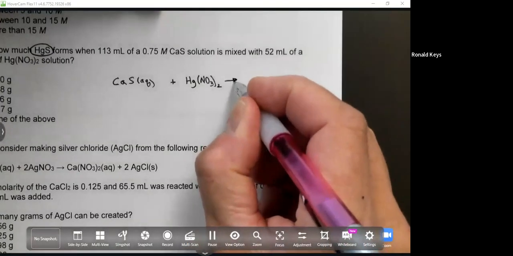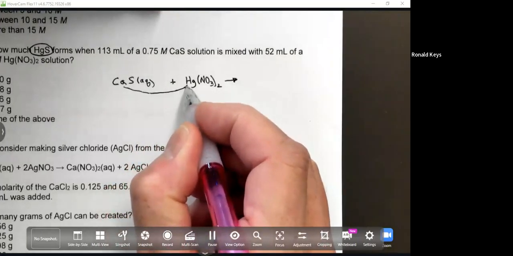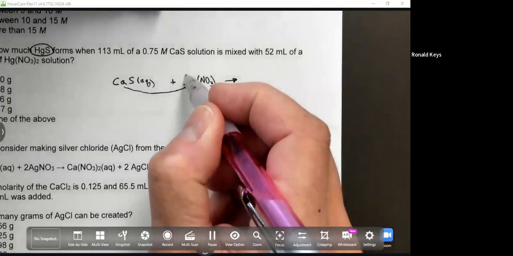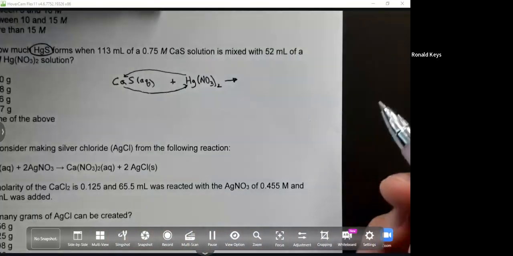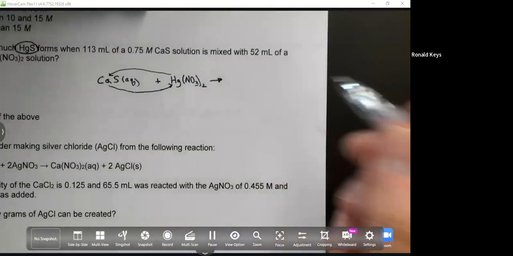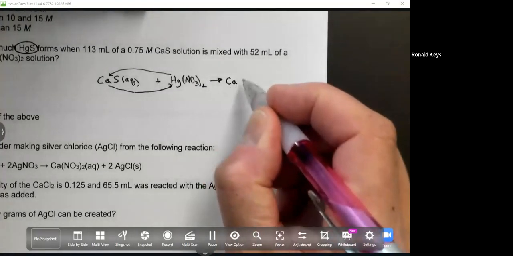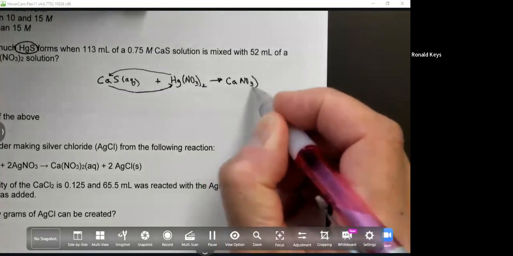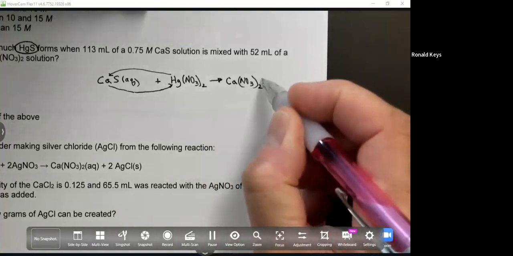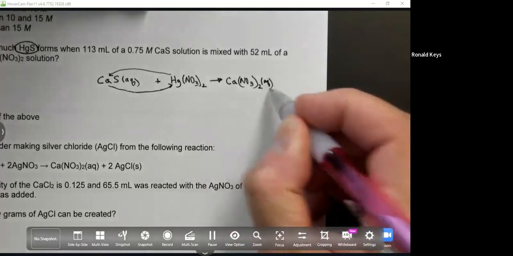So if this is a double replacement, calcium will take the place of mercury. Mercury will take the place of calcium. So we will end up with calcium nitrate. This would be aqueous.